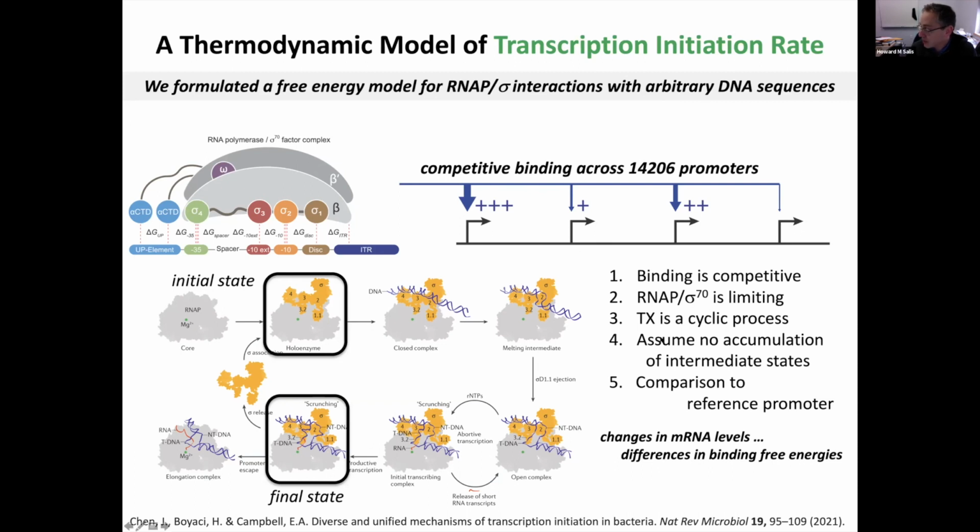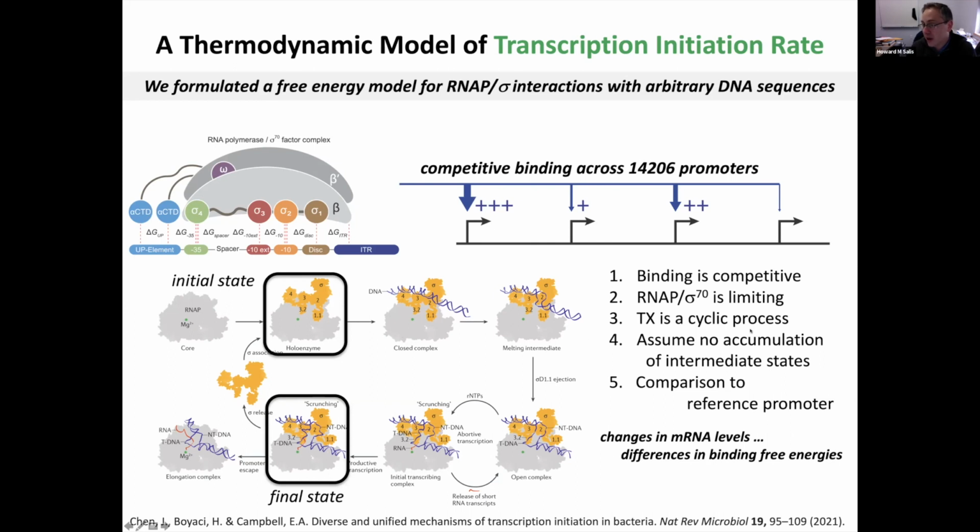The second step is that transcription is definitely a cyclical process. And so we're actually going to be recording multiple rounds of transcription taking place during our experiments. And these are not short assays. They're like 15 to 18 hour in vitro transcription assays.